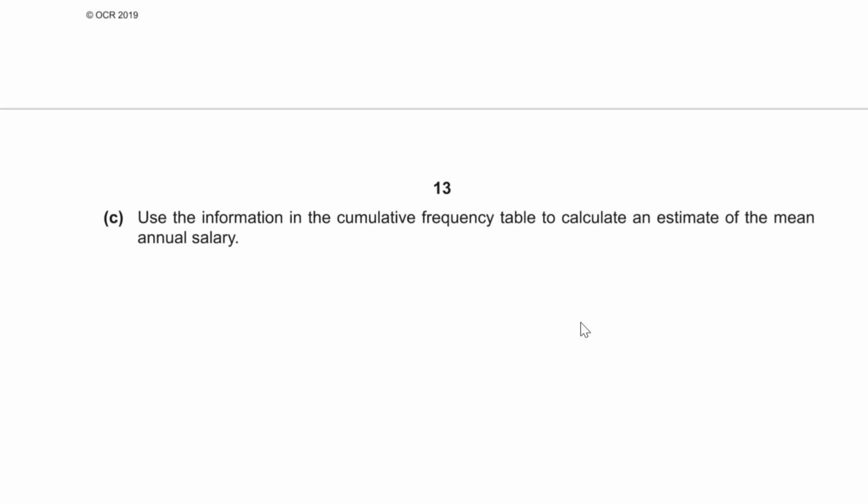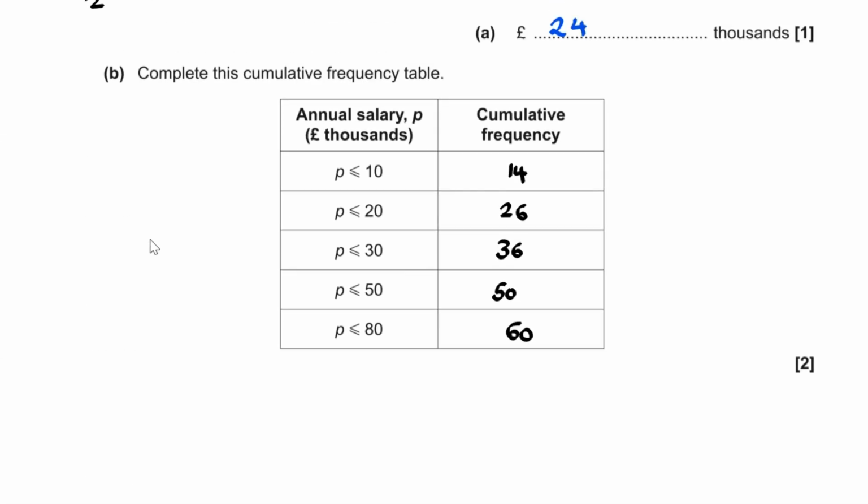And now for part C, we have to use the information in the cumulative frequency table to calculate an estimate of the mean annual salary. Well, if we consider these as an interval, what we're saying over here is we're going from 0 up to 10. And here we're going from 10 to 20.